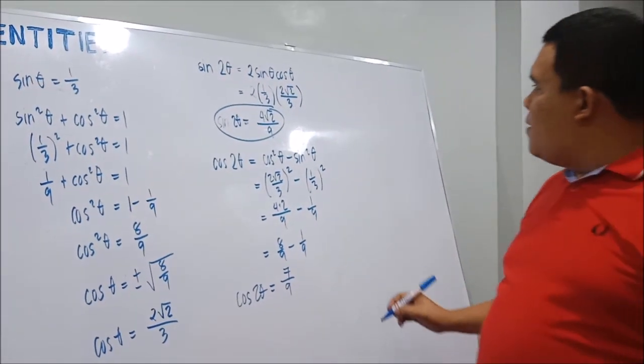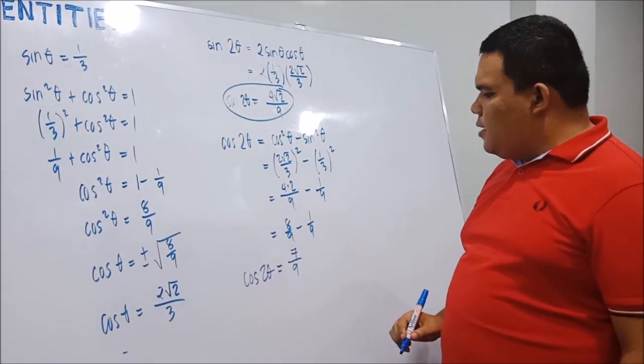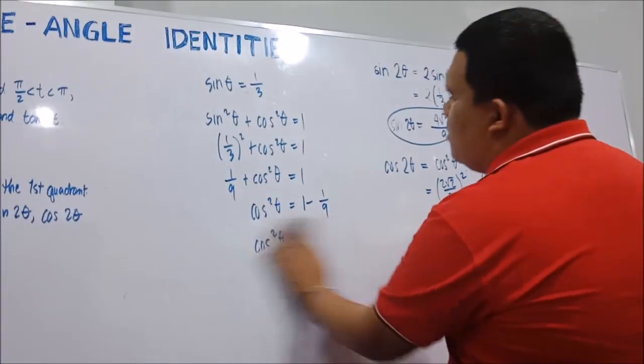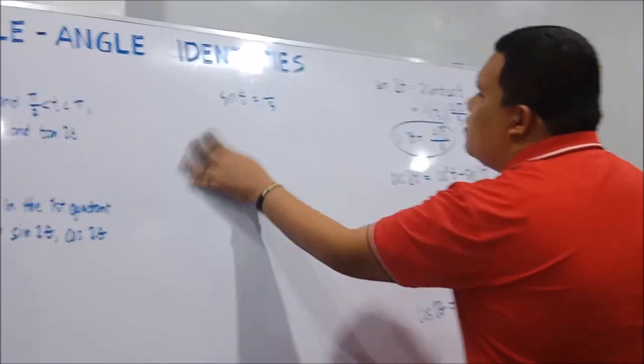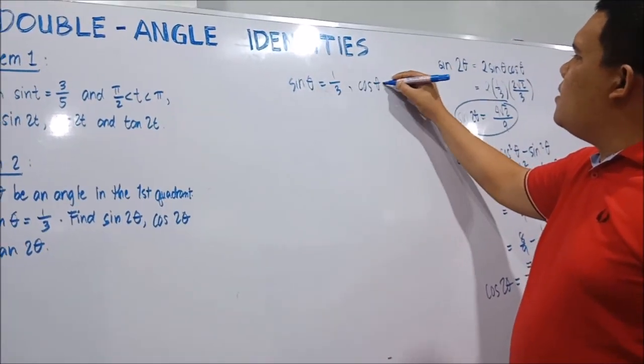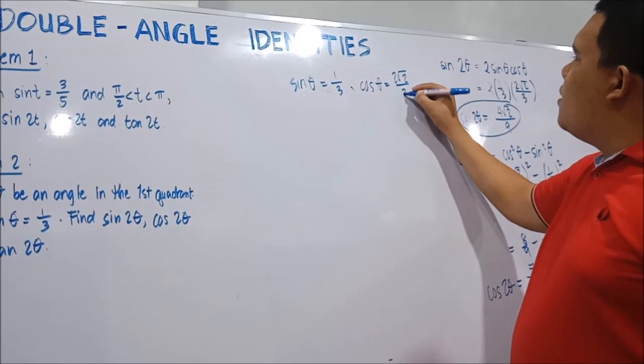The value for our cosine 2 theta. For the tangent 2 theta, okay, let me write this tangent 2 theta in this part. So we have cosine theta again as 2 square root of 2/3.